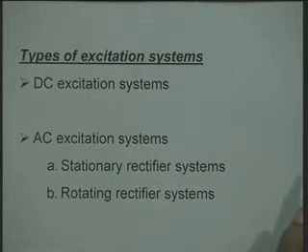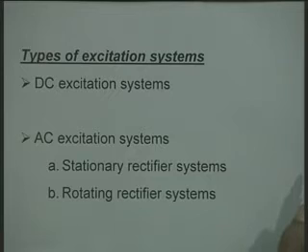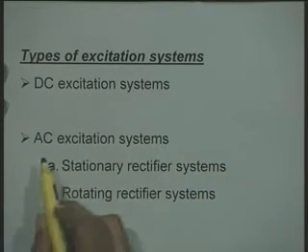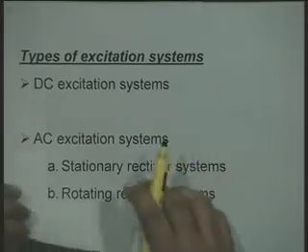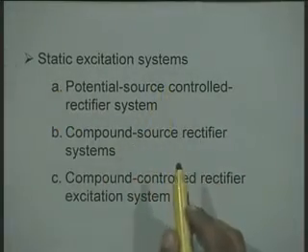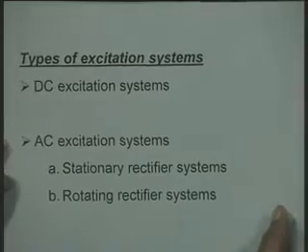Now, we will briefly talk about the different types of excitation systems. Excitation systems are broadly classified into three categories: DC excitation system, AC excitation system, and static excitation systems.